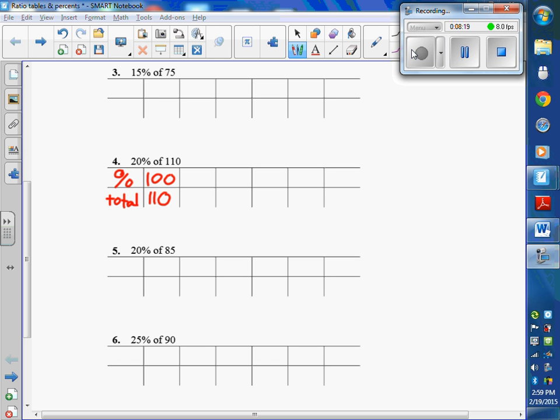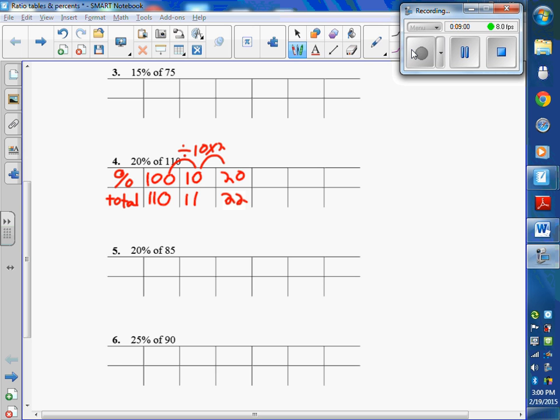Okay, so right. The reason I was asking if you could go to 10 is because it's quick and easy. Yeah, multiply it by 2 to get 20. Right.